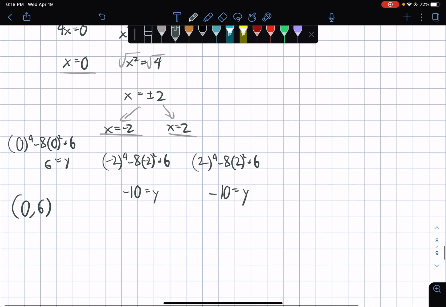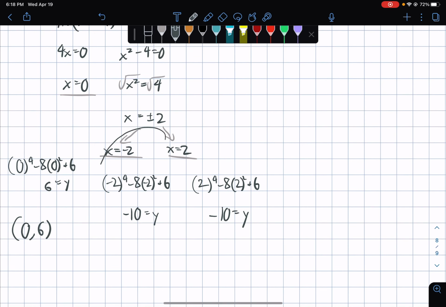I don't think it's a coincidence that the two x's have the same y value. But yeah, shouldn't be that surprised.